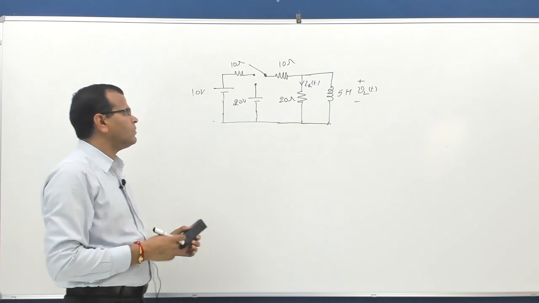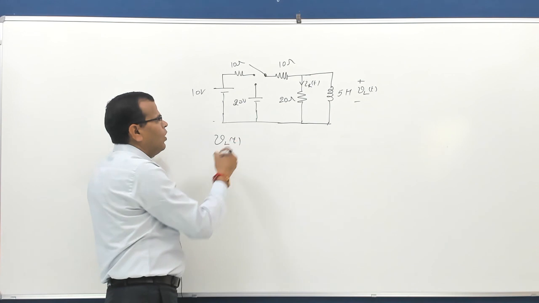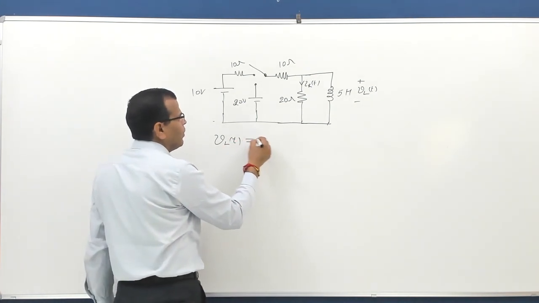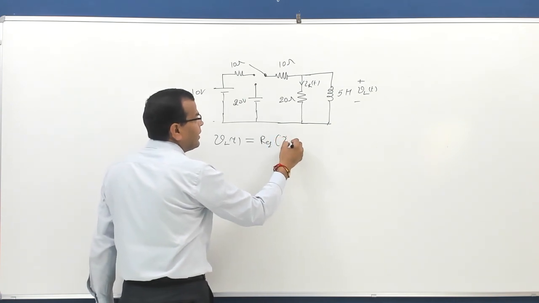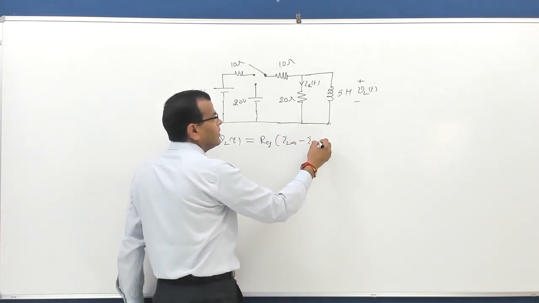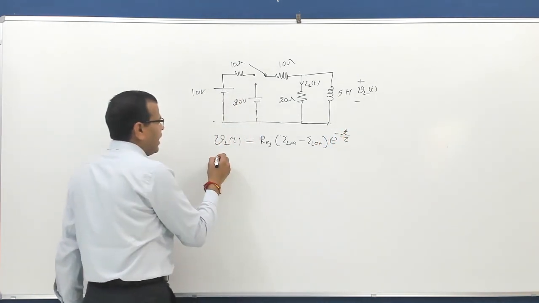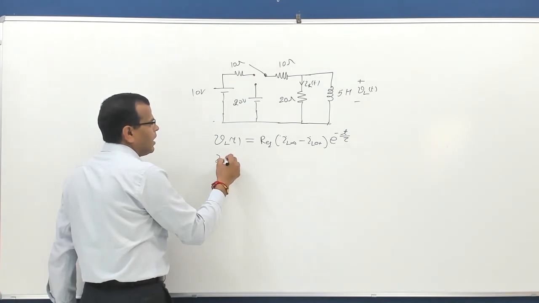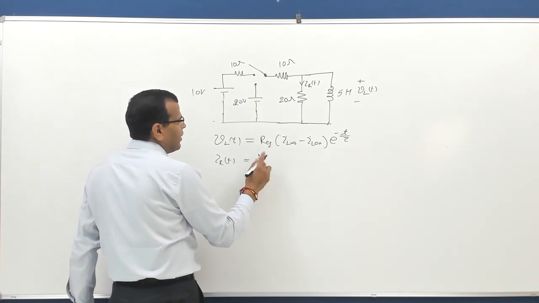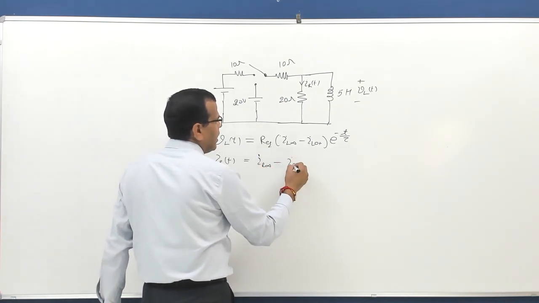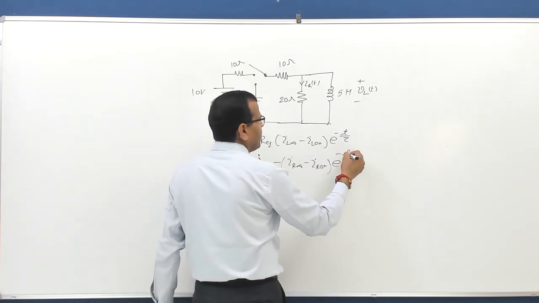So now let us see voltage across the inductor. Voltage across the inductor is equal to R equivalent, then (IL infinity minus IL 0 plus) e raised to power minus t by tau, and current through a resistance IR(t) is equal to, you know the expression, that is IR infinity minus (IR infinity minus IR 0 plus) e raised to power minus t by tau.